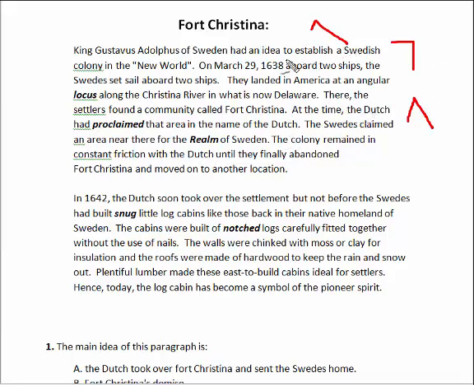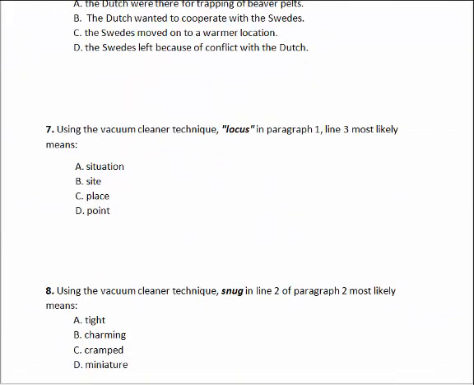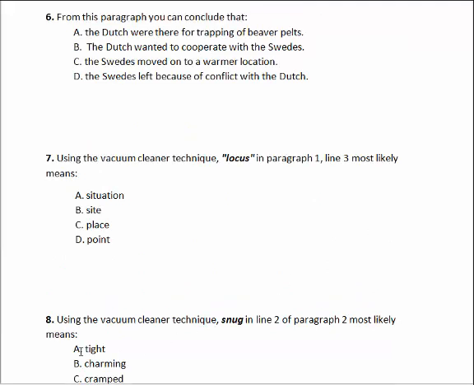If you look, every single one of these angles has a pointy spot. So the better answer choice, even though all 3 of them will work, is going to be point. Answer choice D for 7. Let's take a look at the next one.